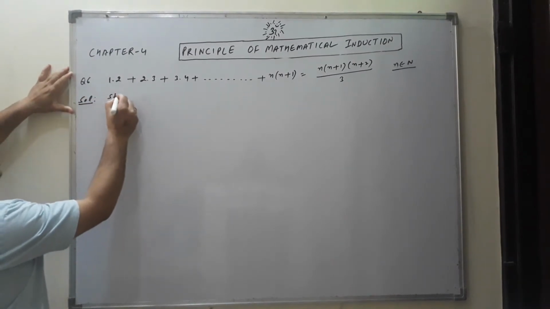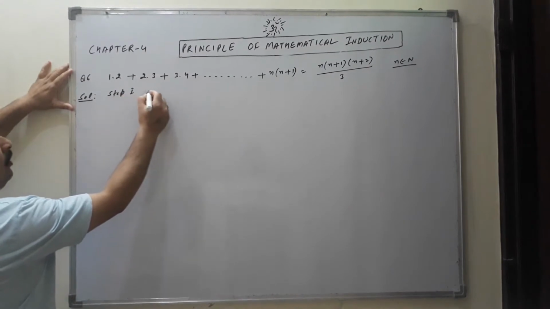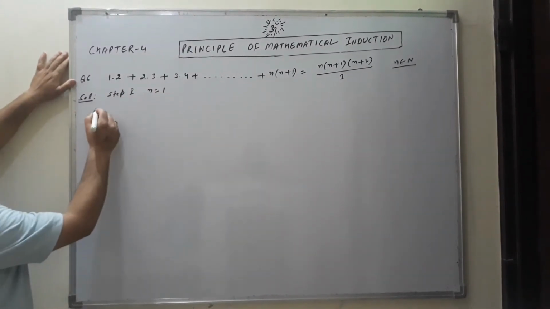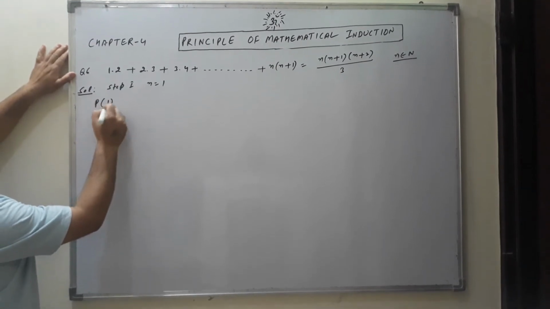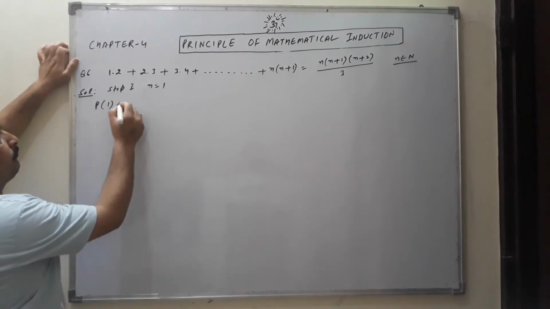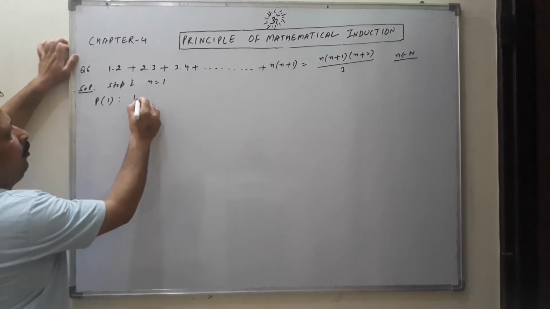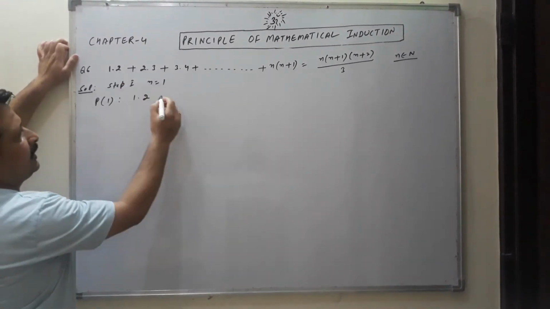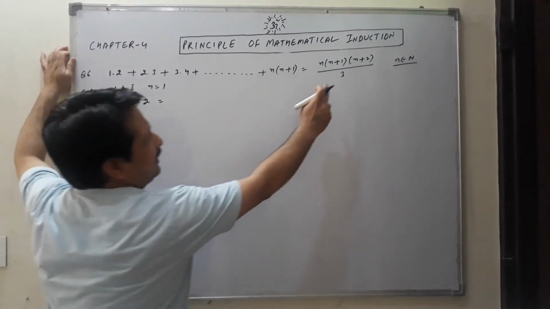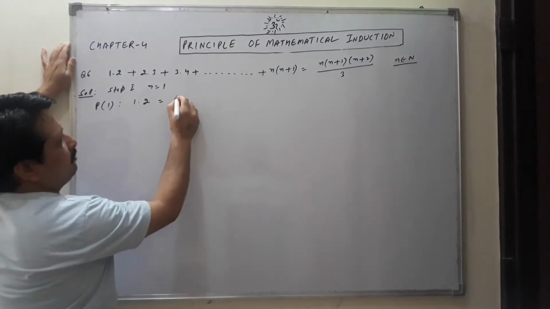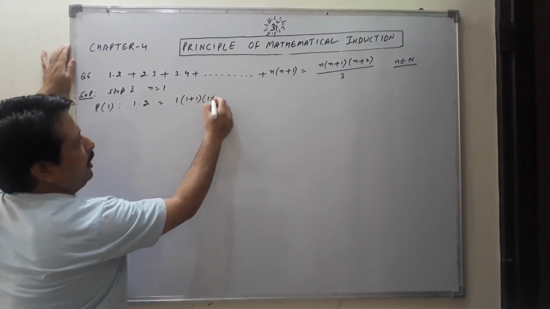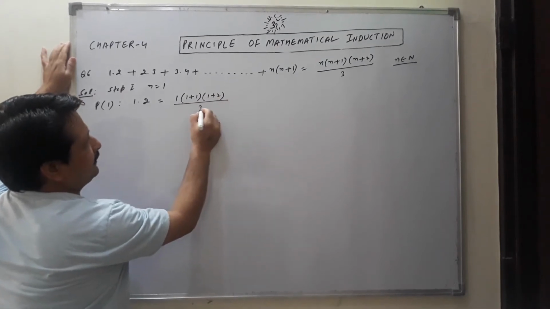I have told you, students, step number 1: where n is equal to 1, P of 1 means the principal value is 1 such that 1 into 2 is equal to, we will put n equal to 1 in the right hand side. So it will come as 1 into 1 plus 1 plus 2 upon 3.